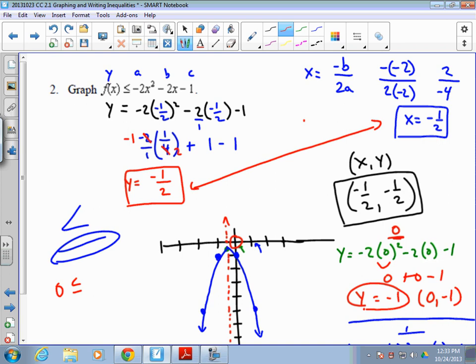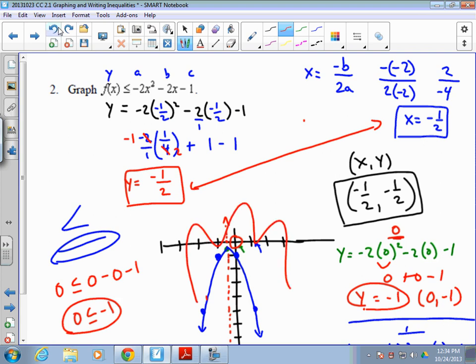Anything times 0 is going to be 0. Minus 2 times 0 is minus 0, minus 1. 0 is less than or equal to negative 1. You check this one at its truth value. 0 is not less than or equal to negative 1, which means everything on the outside of the parabola is wrong. So that means everything on the inside of the parabola is correct.